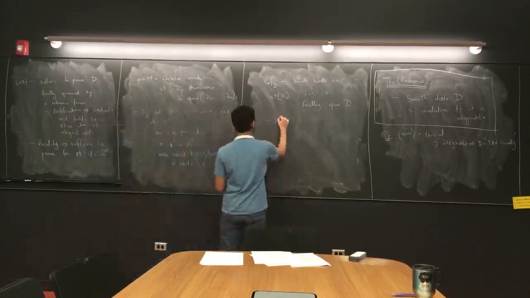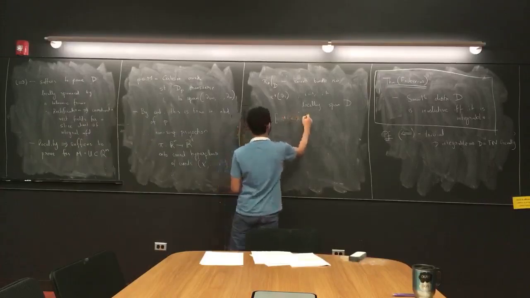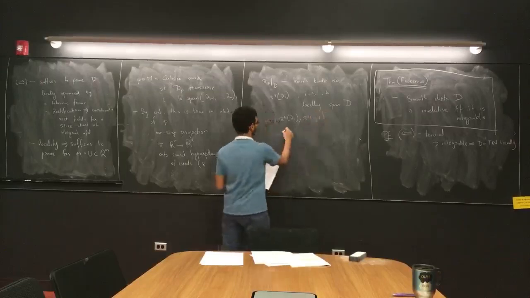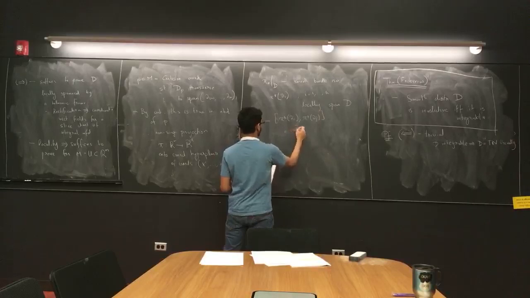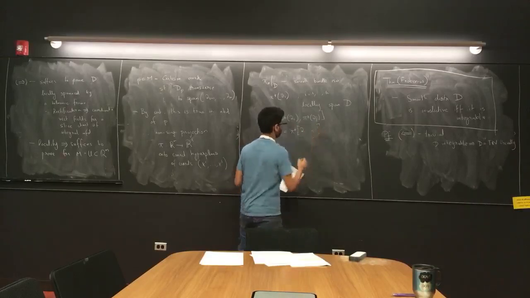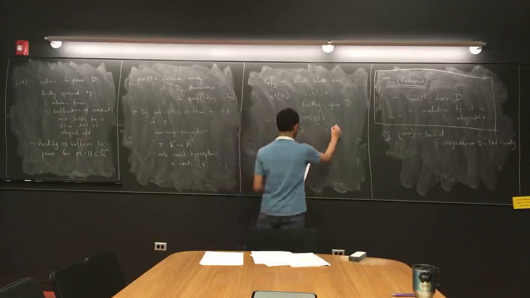Furthermore, we can consider the commutator of these elements, and by the property of pullbacks this is just φ* of the commutator of ∂_i and ∂_j. ∂_i and ∂_j are coordinate basis vectors, so they commute, so this is 0.